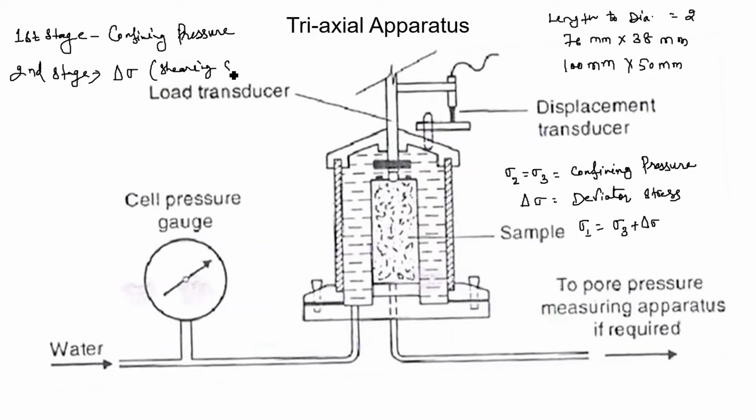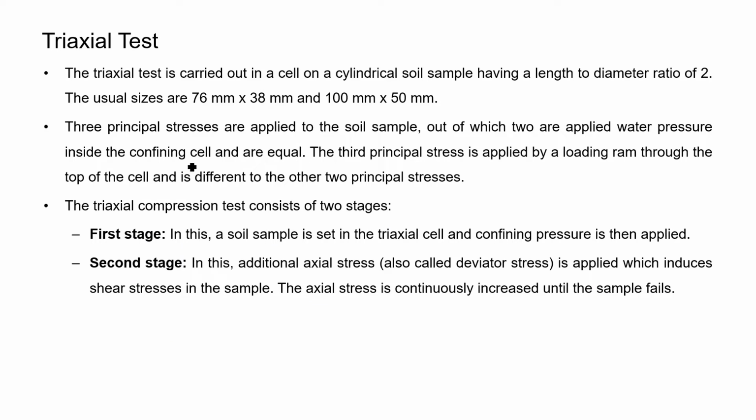As you can see in this slide, in the first stage the soil sample is set in the triaxial cell and confining pressure is applied, and in the second stage an additional axial stress is given to the soil sample until the soil sample fails.